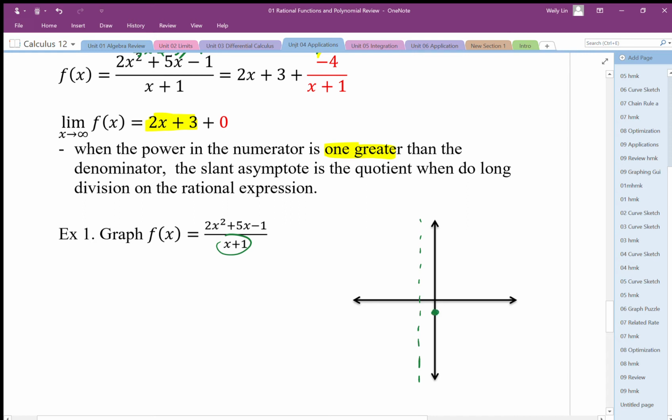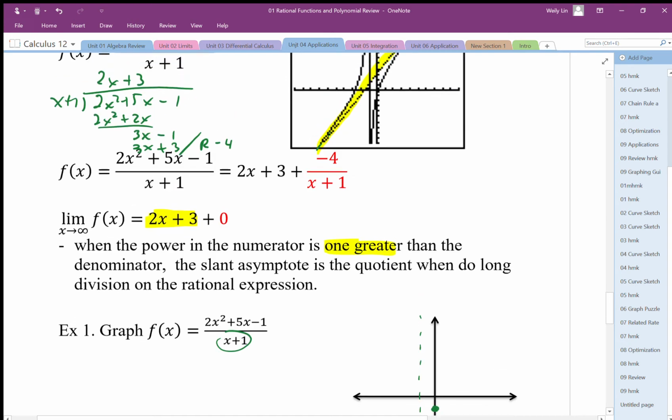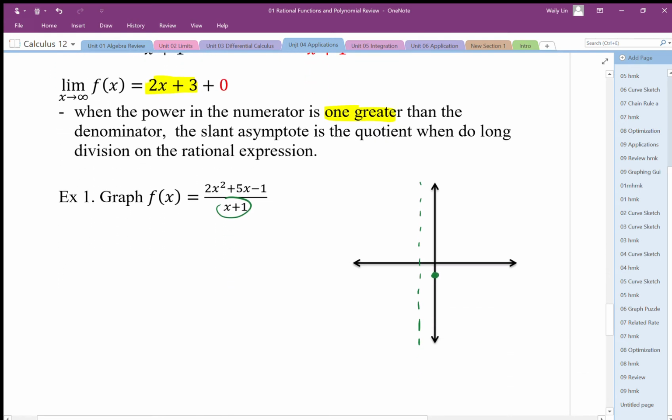I do my division like I did up here to get my slant asymptote, so the quotient is my slant asymptote. So I have a slope of 2, and it crosses at 3, so it's going to look like that. I know the graph's going to go through that point.